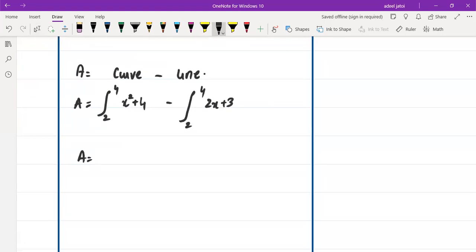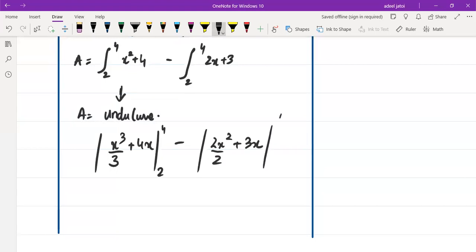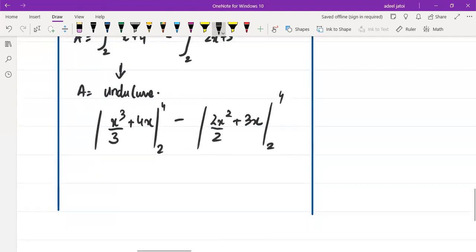This will give you your area of the shaded region, which means you will be finding the area under the curve, which will be x cube upon 3 plus 4x, minus 2x square upon 2 plus 3x, and this will be with limits 4 and 2 again.